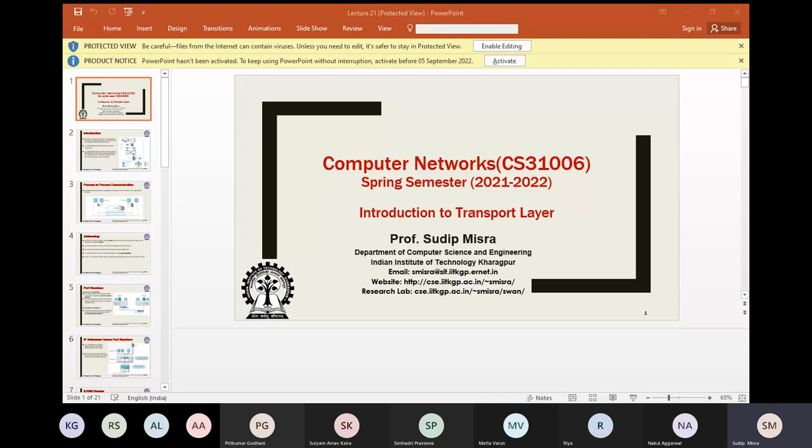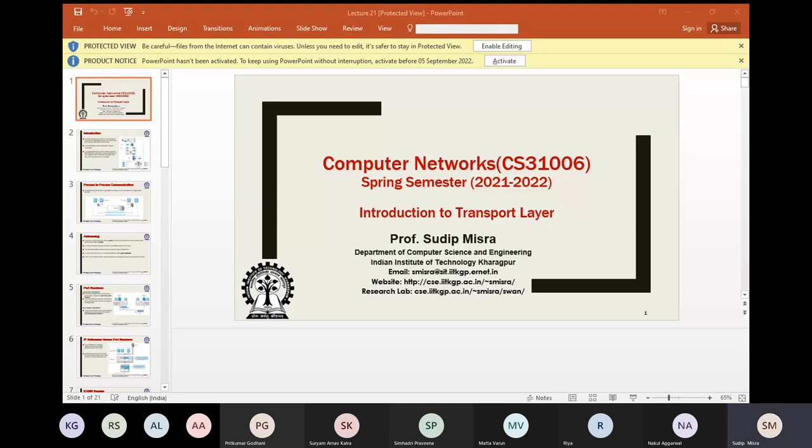The packet has been delivered, but the actual person who is supposed to get it, how do you give that packet to him or her? This is where the concept of end to end communication comes into the picture.